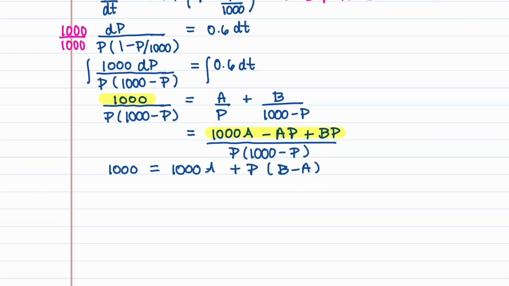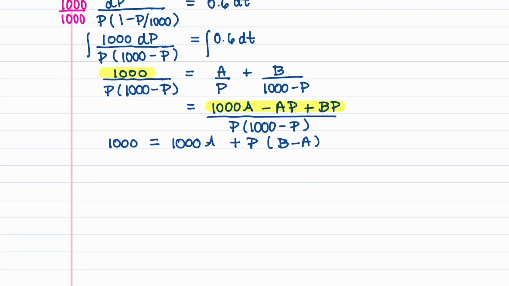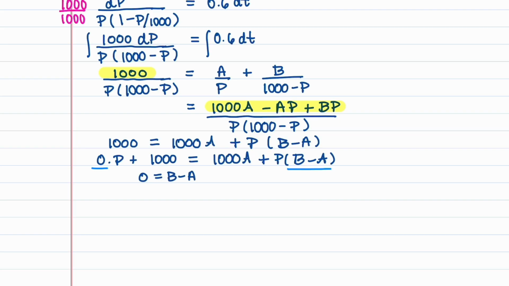Just to make this easier, I am going to rewrite the left-hand side like this. I'm going to write it as 0 times p plus 1,000, and then the right-hand side is going to stay the same. We can now see that 0 is going to equal b minus a, and then 1,000 is going to equal 1,000a.